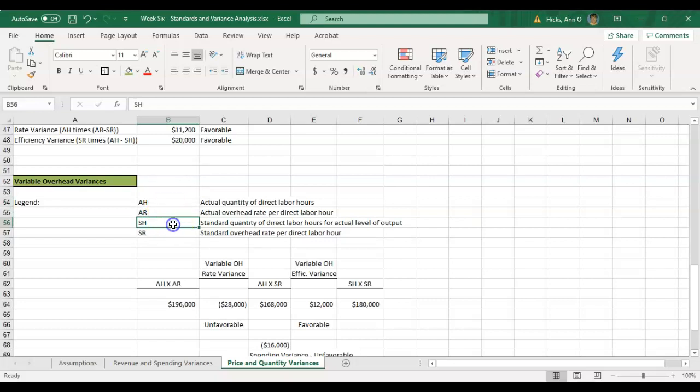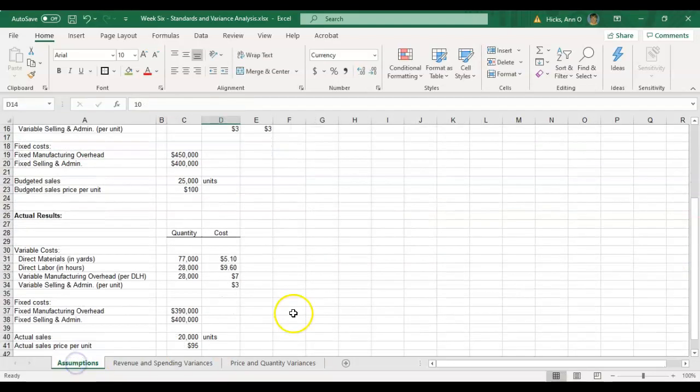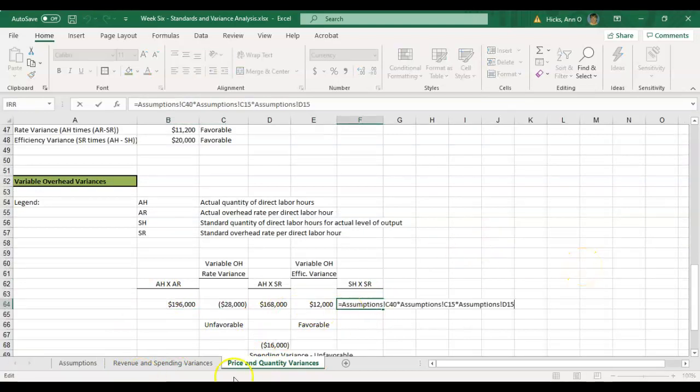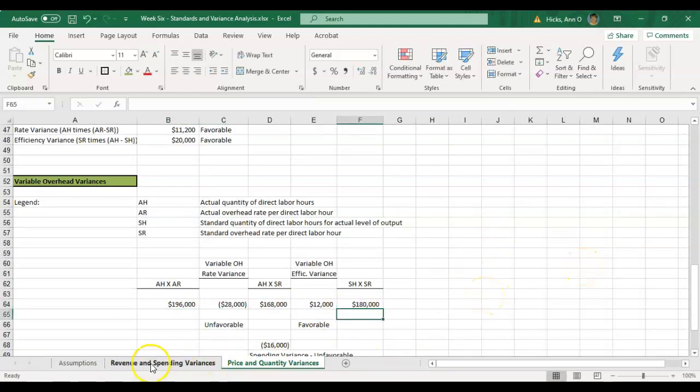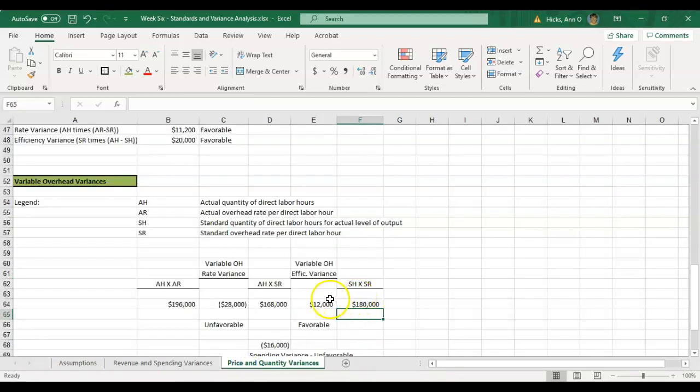If it were machine hours or something else, then this would obviously change. Actual hours times the actual rate is going to be the 28,000 hours times the $7 rate. And then standard, again, the flexible budget amount. And so you'll see those in our schedule from last week.